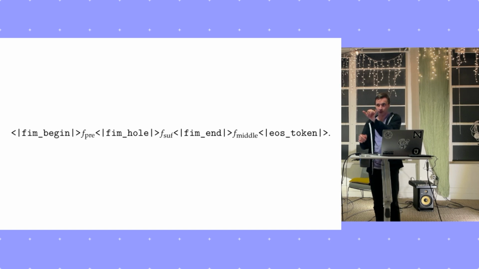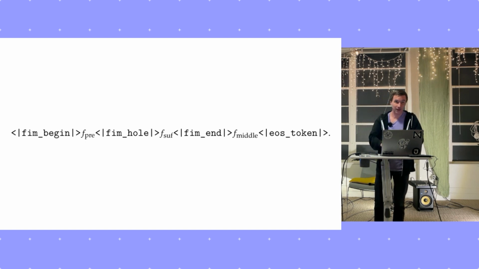So you have the suffix, a special token, and then everything before the suffix. Otherwise you have to choose two places where you split the sequence, but with suffix, prefix, middle you only choose one place to split, and effectively you have an infinite number of middles for free. They don't say in the paper why they chose this approach.